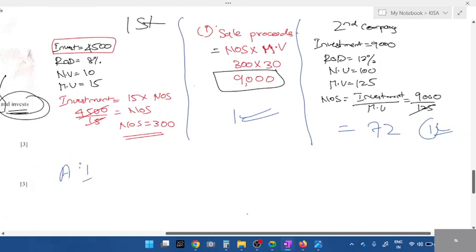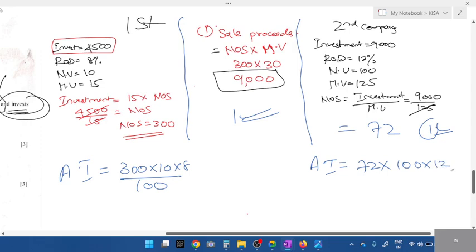Find the annual income from both the companies. What is the annual income formula? Number of shares 300 into nominal value 10 into rate of dividend 8. And for this, what is the annual income? What's the number of shares, students? 72 into nominal value 100 into 12. Very good. This will give you the change in annual income.